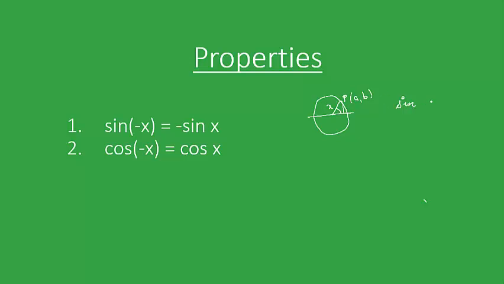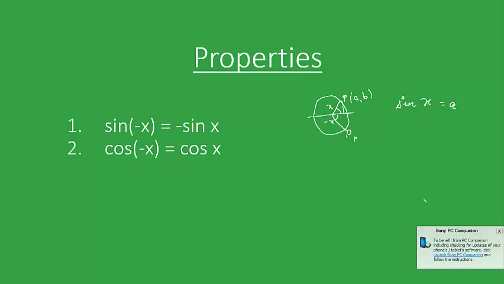So sine x is equal to a, and if we draw the same angle in the negative direction, which will be minus x, then this point P, or say let's say P1, will be just a reflection in the x-axis. So P1 will be equal to a comma minus b.